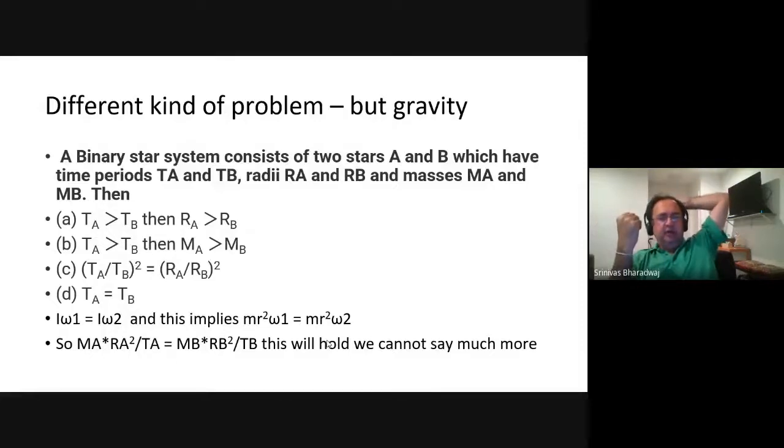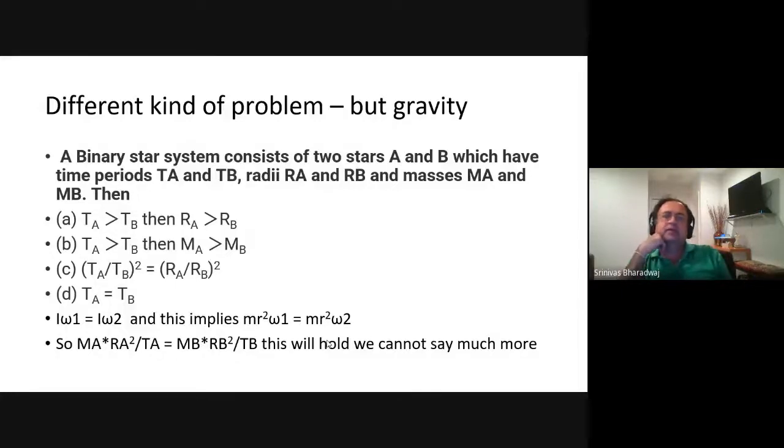M R square omega 1 equals M R square omega 2, right? The radii are RA and RB, right? But then M is different, R is different, right? So there are so many moving parts here.